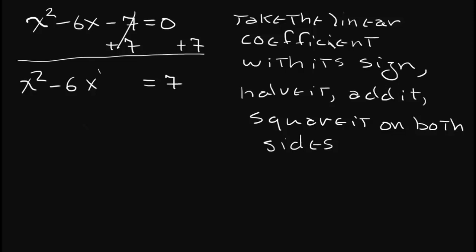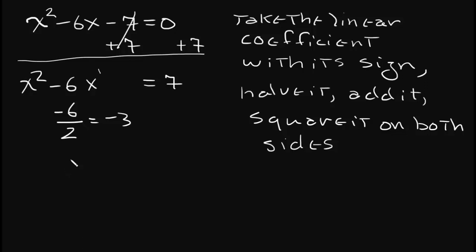So you'll take the linear coefficient with its sign, halve it, add it, and square it on both sides. So here's the linear coefficient with its sign. That's a negative 6. We're going to have it divided by 2. Now, negative 6 over 2 gives us a negative 3.